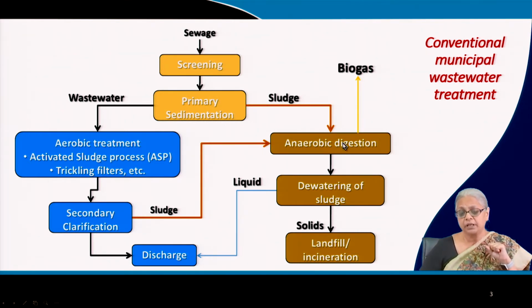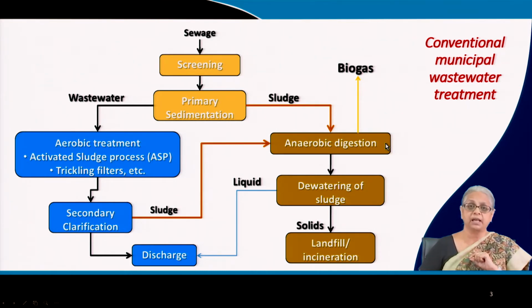Now this sludge, when it goes for anaerobic digestion, one of the major objectives of anaerobic digestion is to reduce the amount of sludge. So the weight and volume of sludge has to be reduced as much as possible, and that is the main objective.